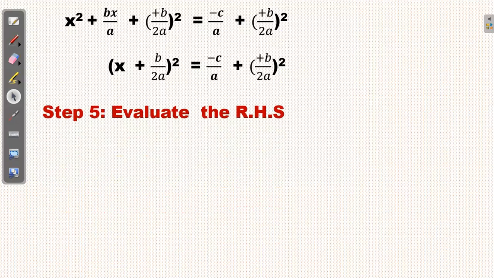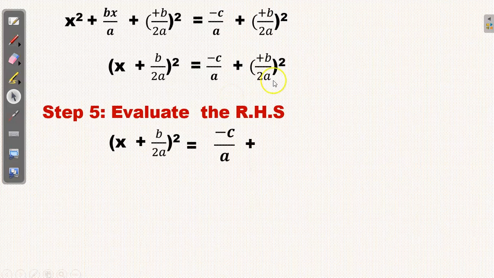Step 5, we evaluate the right hand side. We have x plus b over 2a all squared equal to minus c over a plus, now let's square b. So we have b squared over the square of 2a, which is 4a squared.